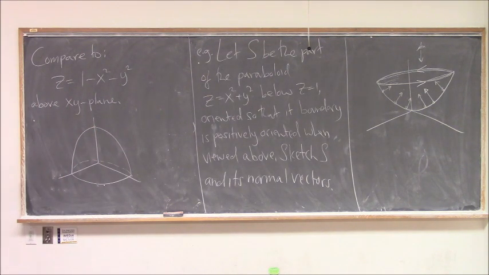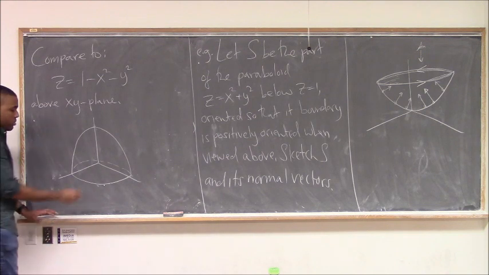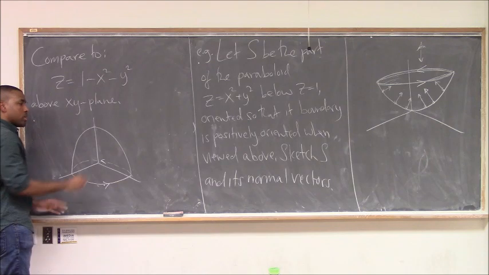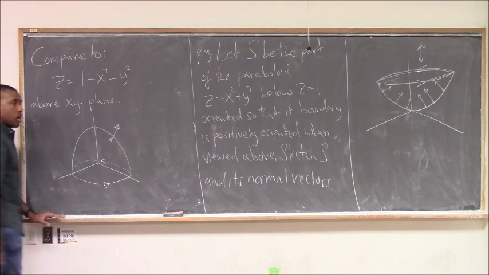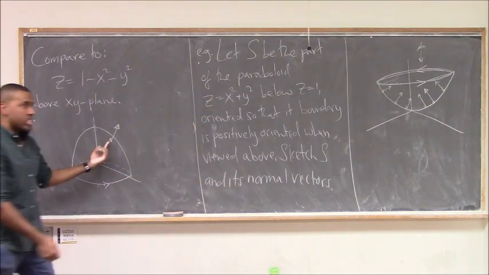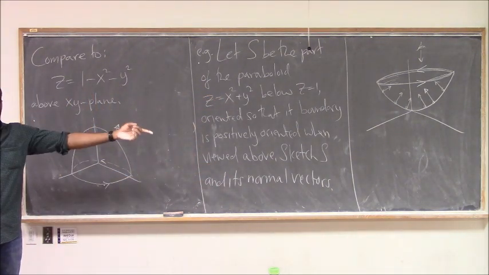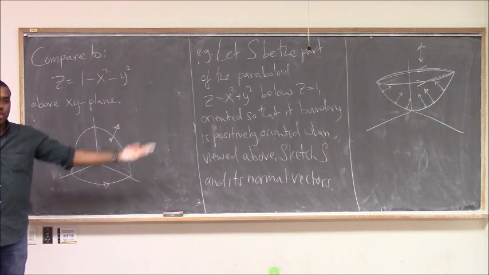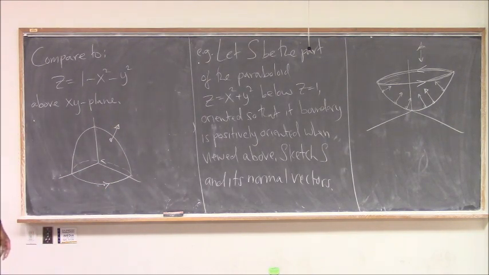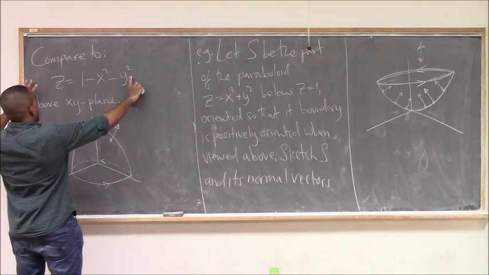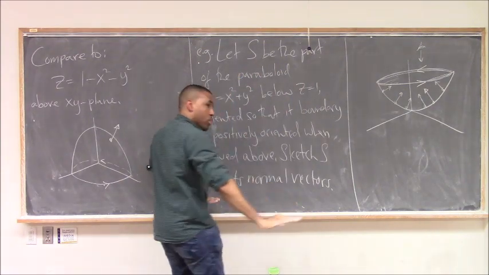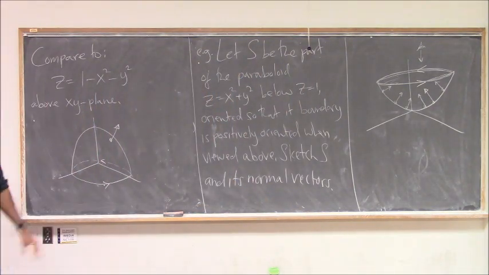Again, if I orient that so that the curve is positively oriented when viewed from above, that means I'm running around this way. The right-hand rule would tell me pointing up. So literally, this part of the sentence would not change, and it changes the direction that your normal vector is pointing in, because it depends on the surface that we're looking at, right? So I can literally take this part and swap it in here, change nothing else about the problem, and the directions of my normal vectors will change.